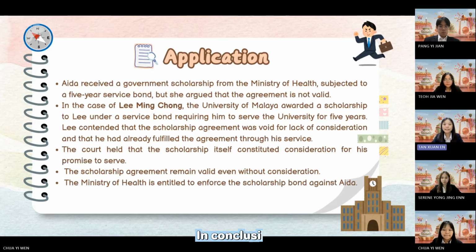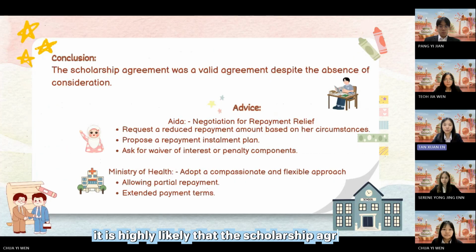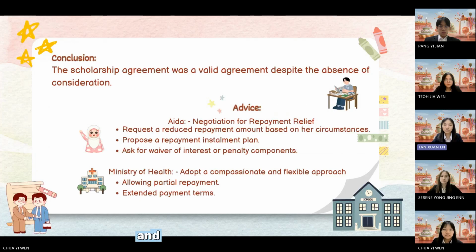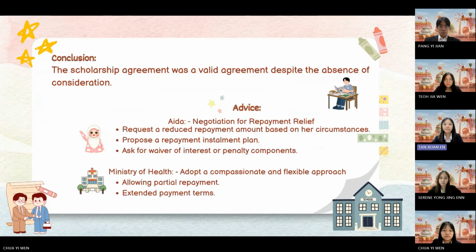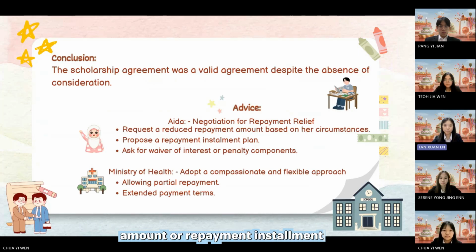In conclusion, it is highly likely that the scholarship agreement between Ida and the Ministry of Health is valid and enforceable despite the absence of consideration on the part of Ida. Finally, for practical advice, Ida may consider negotiating with the Ministry of Health for a reduced repayment amount or repayment installment plan.